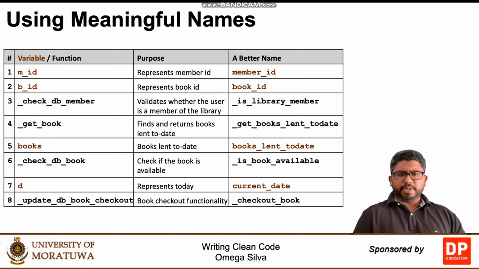Out of all these, I need to highlight row number 7. Now, this is a variable where its name is a single letter. These kind of variable names are not descriptive at all, and you have to put a lot of effort into trying to understand what these variables mean.